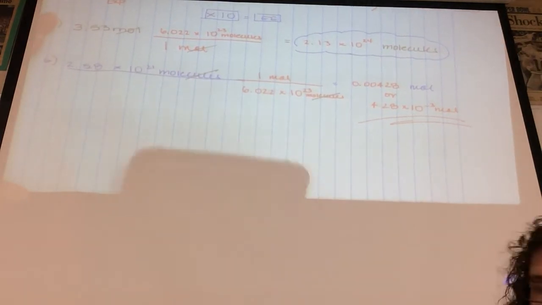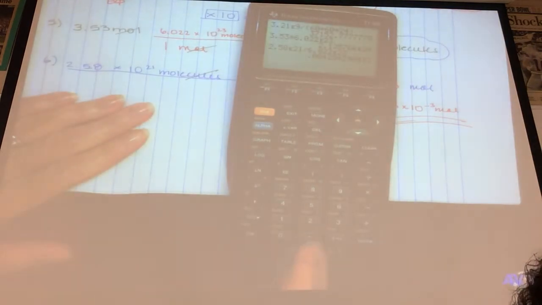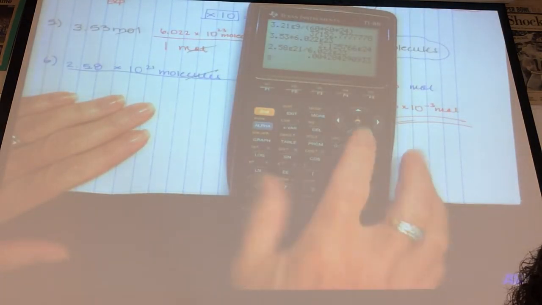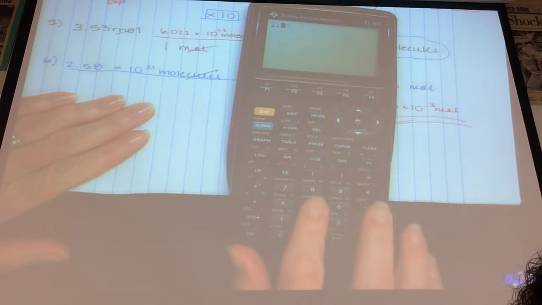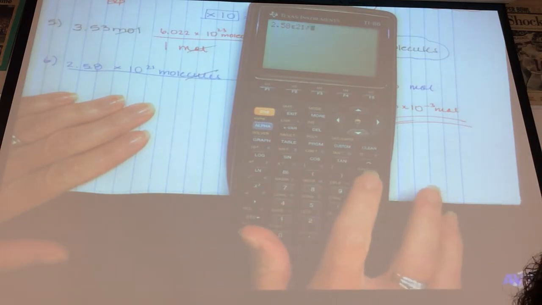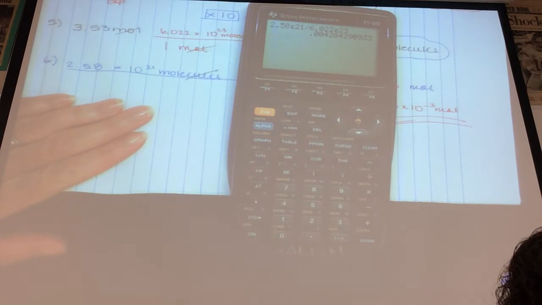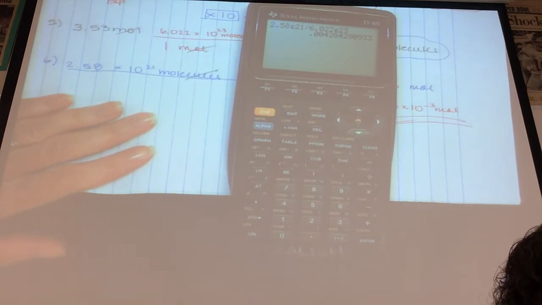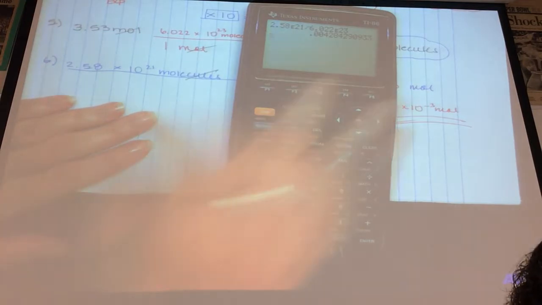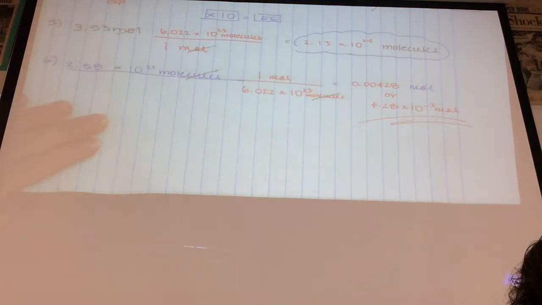And so in your calculator, what you want to do is 2.58 EE21 divided by 6.022 EE23 as such. Did you multiply? Did you get times 10 to the 40 something? Yeah, so you multiply, but this is like one big fraction, so it's division. Does that make sense? Yes.